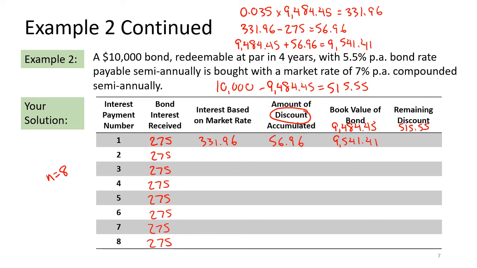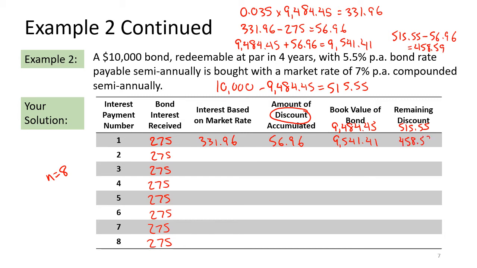But as you accumulate that discount, which was the difference between the interest and the bond payment, you subtract that off. So it becomes $515.55 minus $56.96 that you've accumulated, and if you do that, you get $458.59.